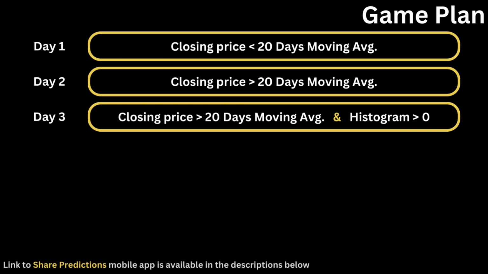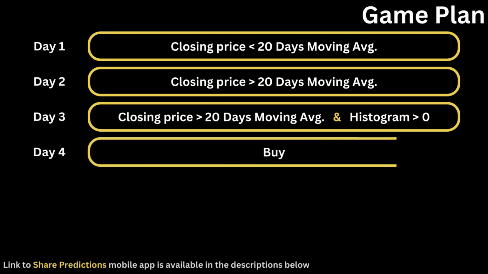On day three, we expect that the closing price remains above its moving average. And on this day, we also expect that the histogram value shall be above 0. Histogram is calculated by subtracting the signal line from MACD. And if histogram is positive, it is perceived as a bullish signal. And by using this technical indicator, we try to add yet another control to confirm the start of a potential uptrend.